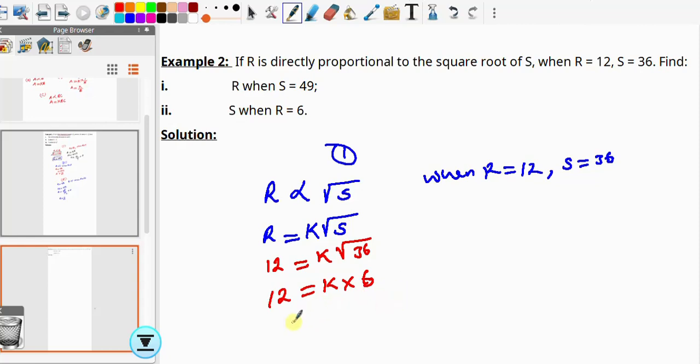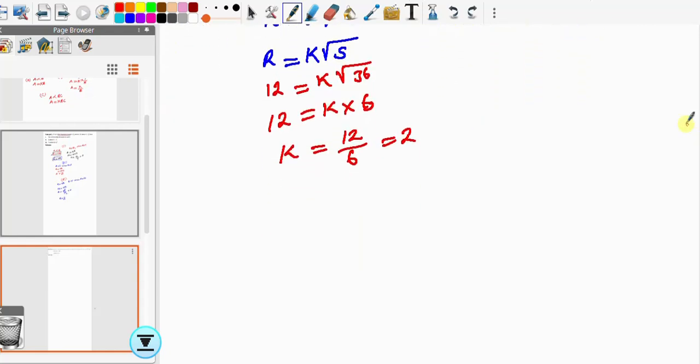Now let's divide both sides by 6 for us to have the value of k, right? We have our k will be equal to 12 divided by 6. So our k now will be equal to 2.